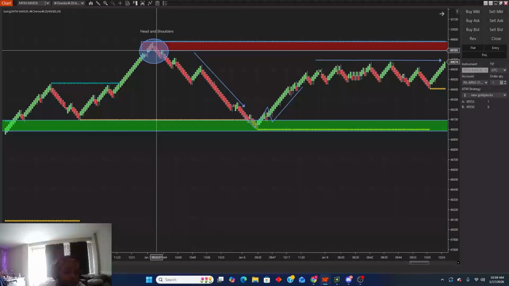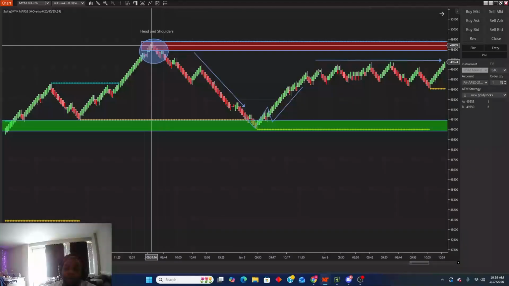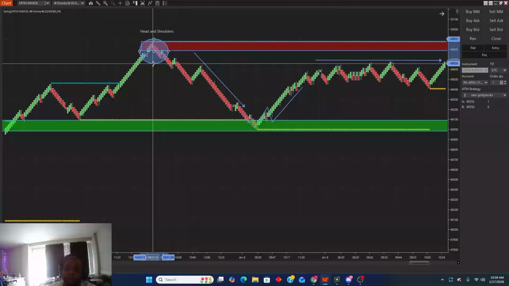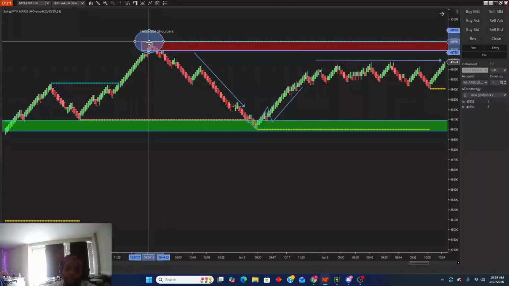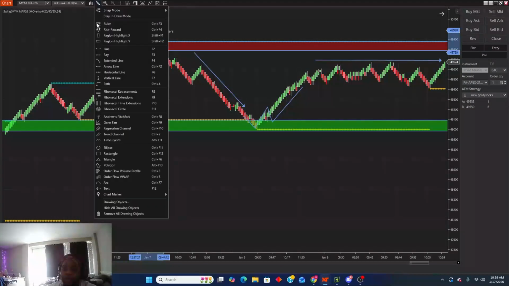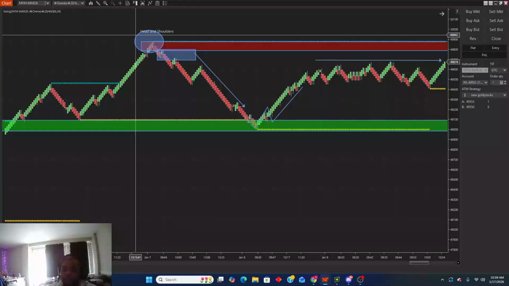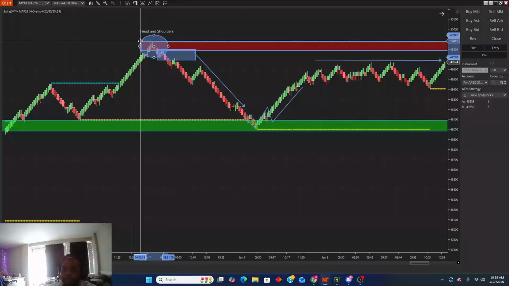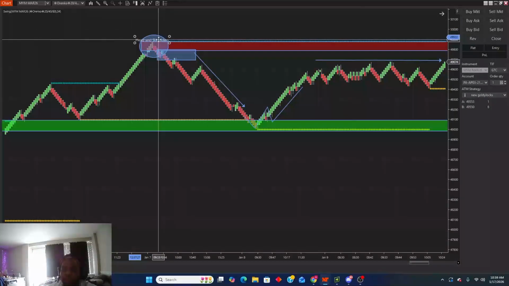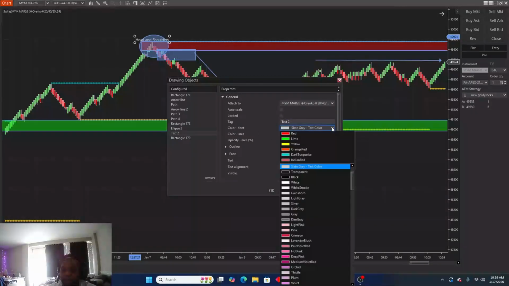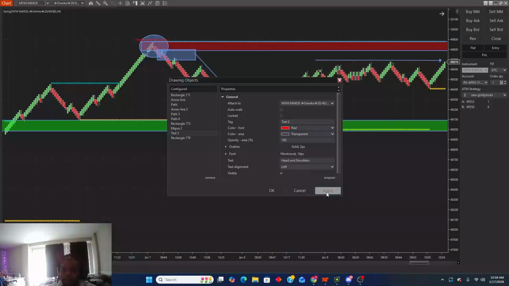STC sell patterns, when you get a head and shoulders, first thing you do is you take the neckline break. This right here is the neckline break. You have your head, you have your left shoulder, your right shoulder. Neckline break is right here. Let's change the color.